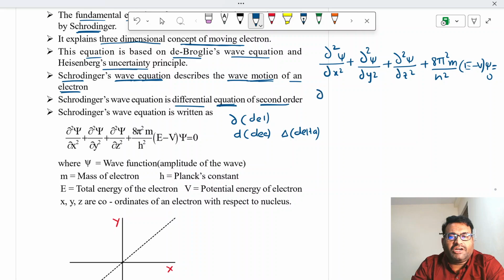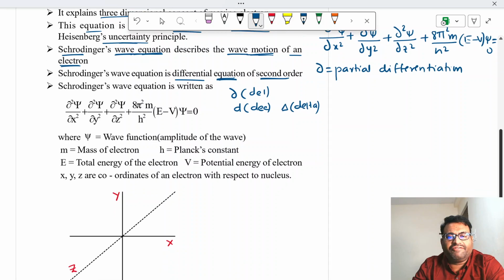What is del? Del is partial differentiation. What are x, y and z?